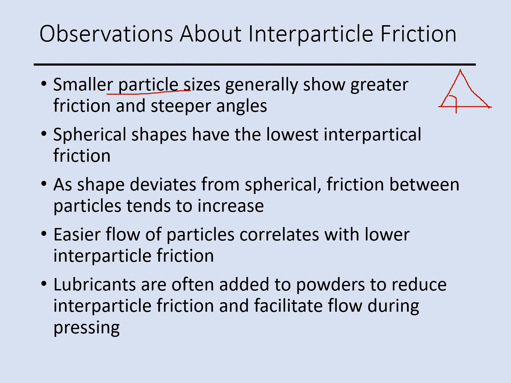The next observation about interparticle friction is that the shape of the particle affects the angle of repose. If you have a spherical shape, you have a smaller angle of repose, or the lowest interparticle friction.